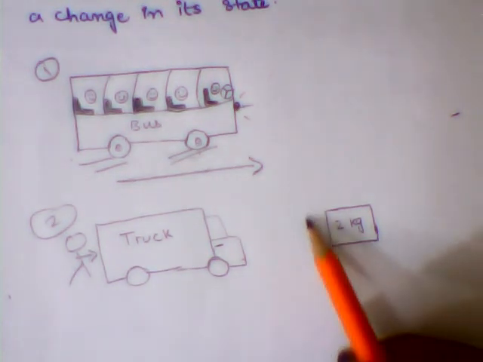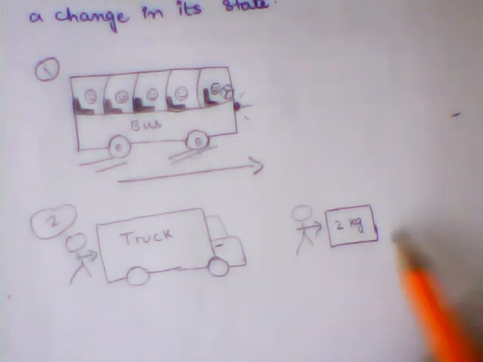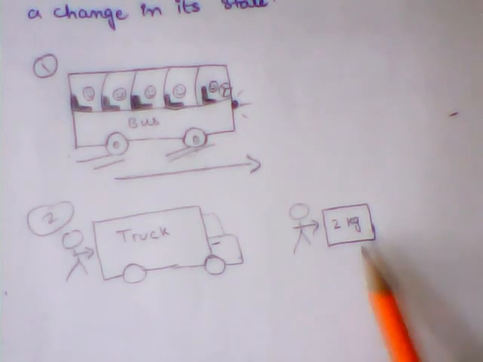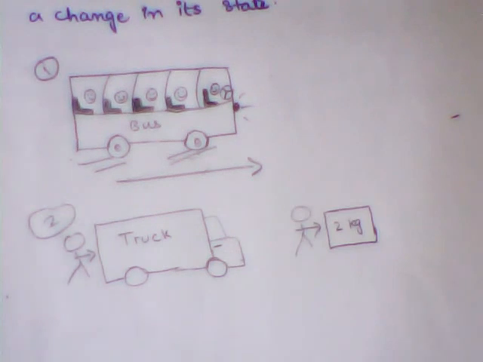On the other hand, Mr. Lee can easily move that 2 kg block, because that block has very little inertia as compared to the truck. So we can conclude that if a body has larger mass, it has large inertia.